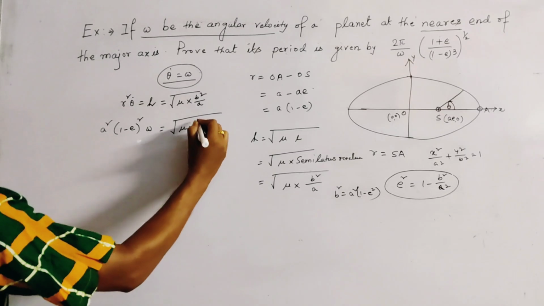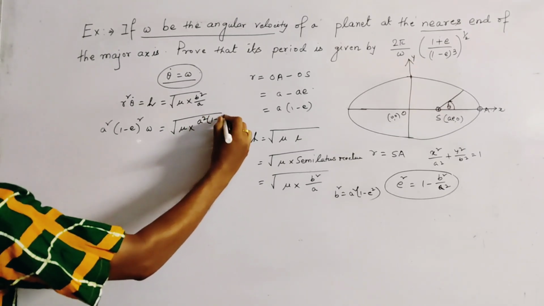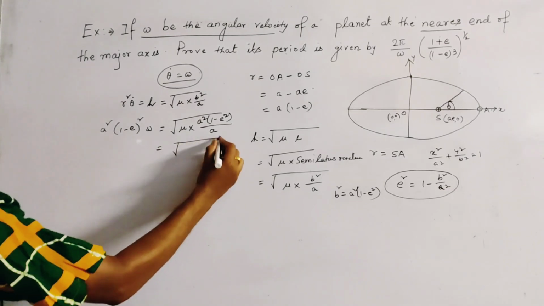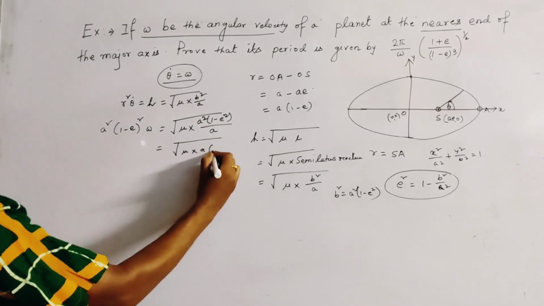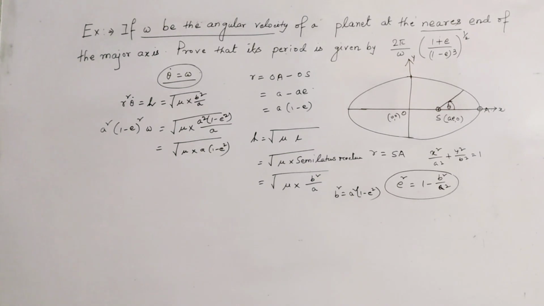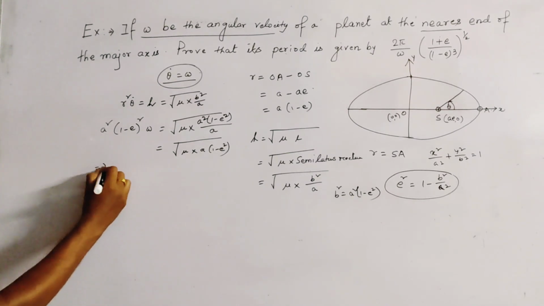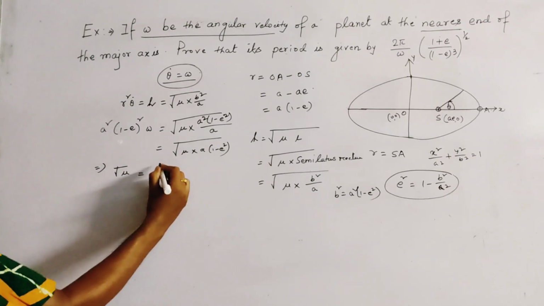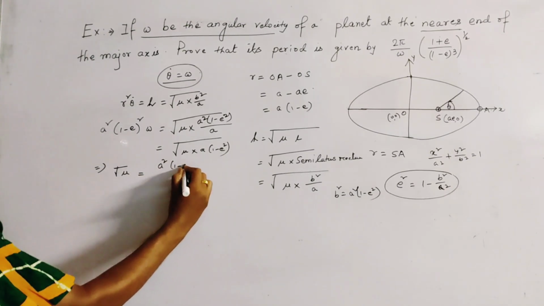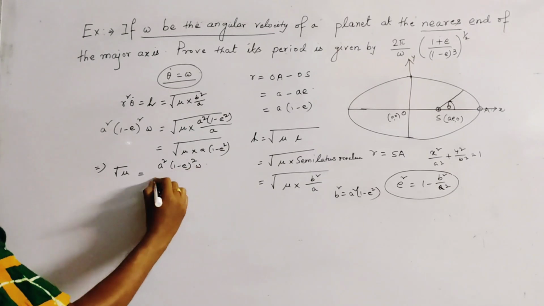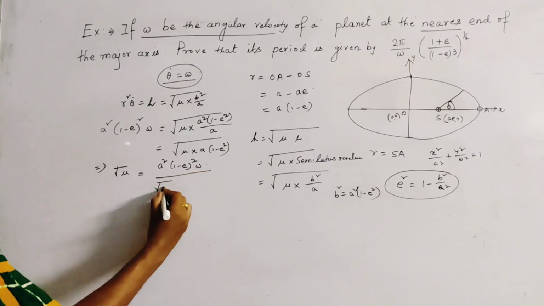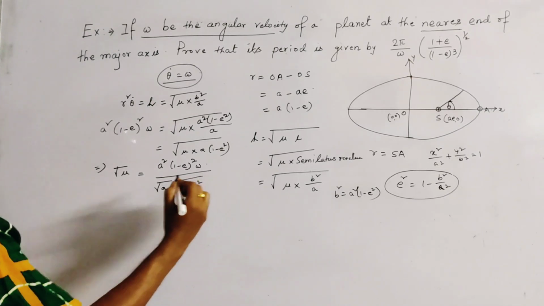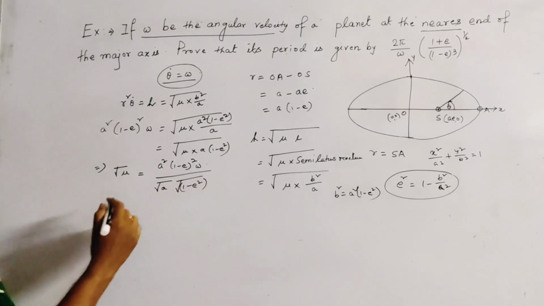So we put a square into (1 minus e square) by a, which gives root mu into a into (1 minus e square). So this relation gives root mu equal to a square into (1 minus e) whole square into omega by root a into root of (1 minus e square), right?